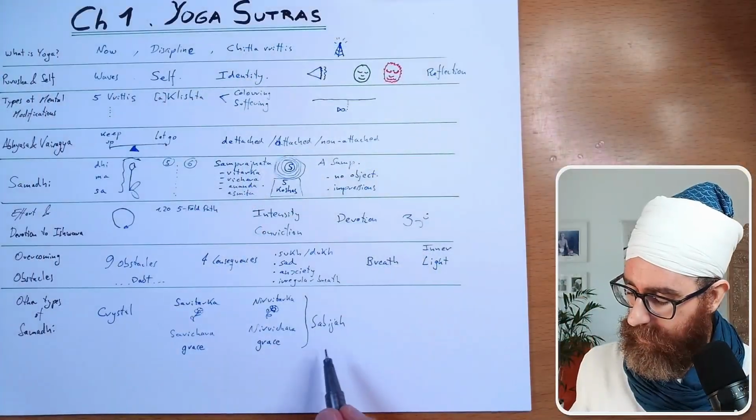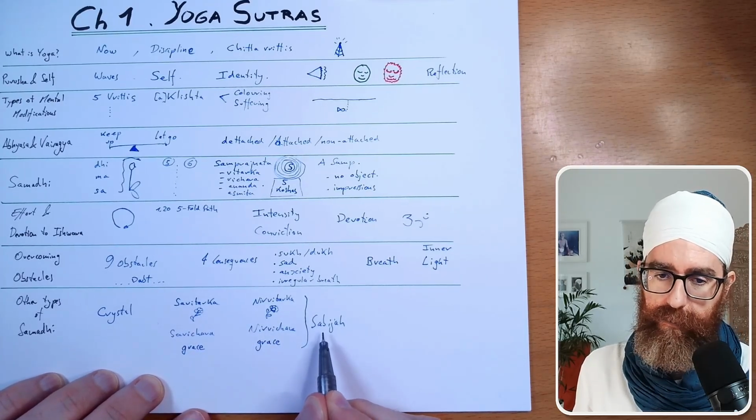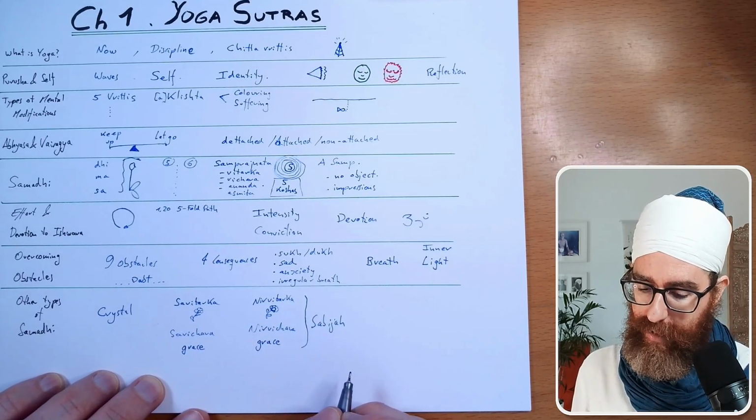And in the commentaries I've seen, seed can imply both things. It can be seed as an object, like you're meditating on an object, whether it's gross or subtle, whether it's a flower or the beauty of the flower. But seed can also be like the seeds of samskaras that are left on the deepest layers of ourselves, the impressions on the consciousness. So as long as we are within this field, there is a seed. And that's Sabija Samadhi.